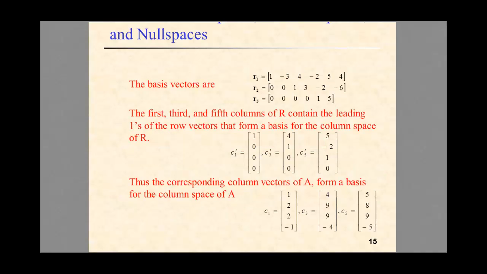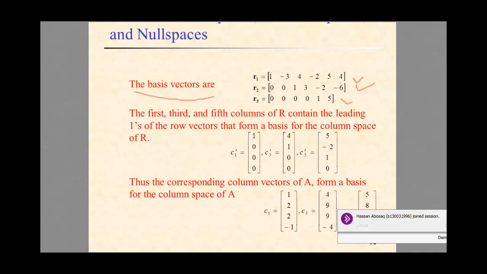In the next slide, we will show the basis vectors, written here. Row 1, row 2, and row 3 have the leading ones, so they write the column vectors: column 1, column 3, and column 5, which have the leading ones.